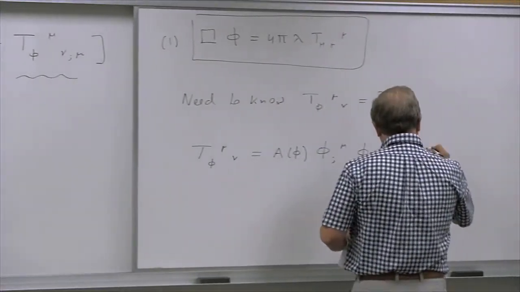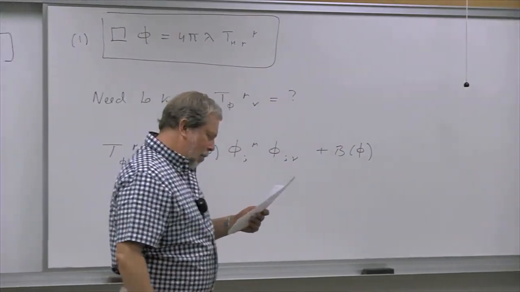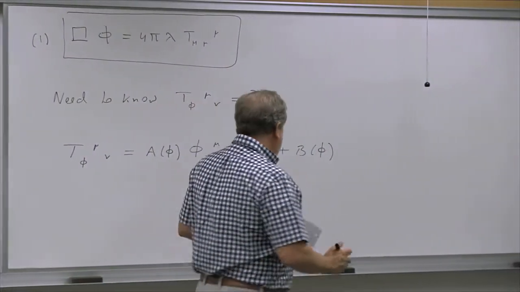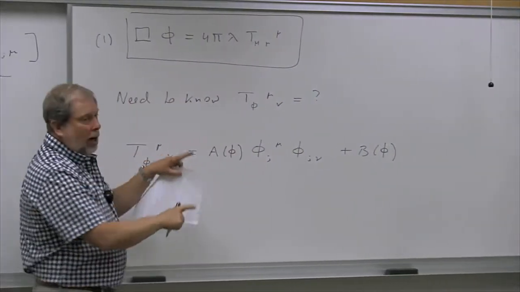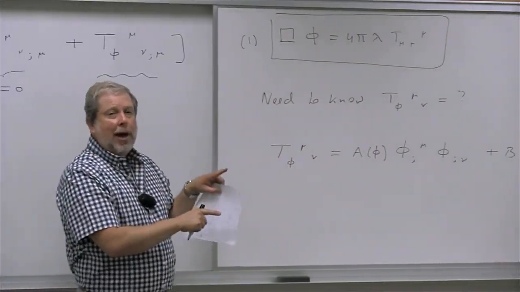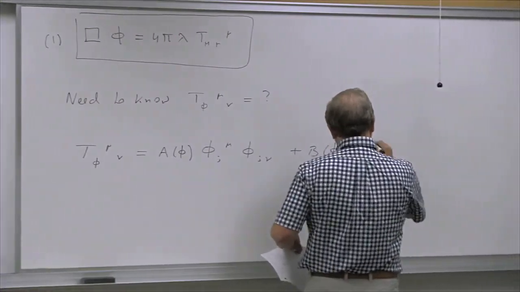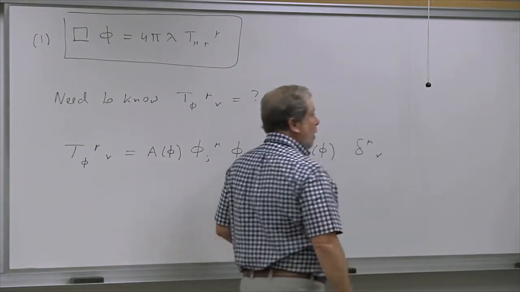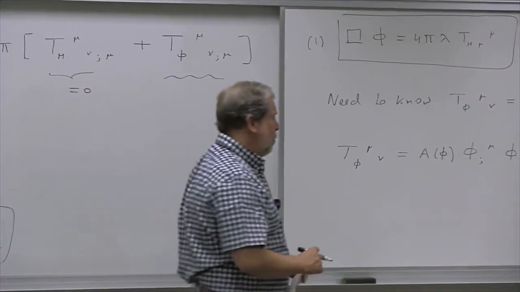But that's not the end of it, because we can have also some other function B of phi that multiplies something else. That is, here the indices μ and ν come from different derivatives acting on the phi, but we can also have the same derivative acting on the phi and have here instead the metric, or if you want, because one index up is one index down, you can have the δ_μν.